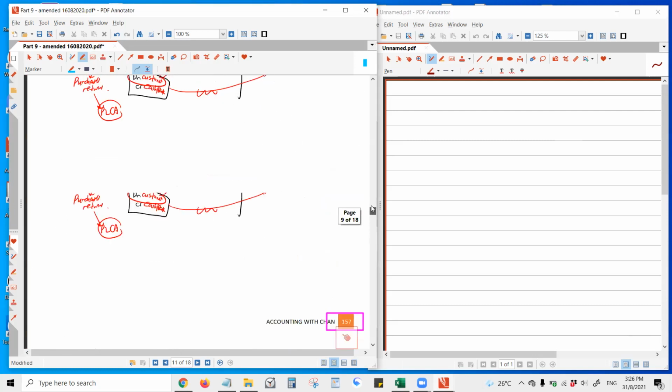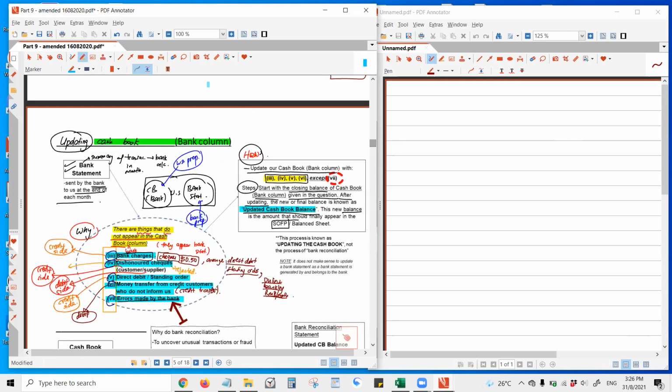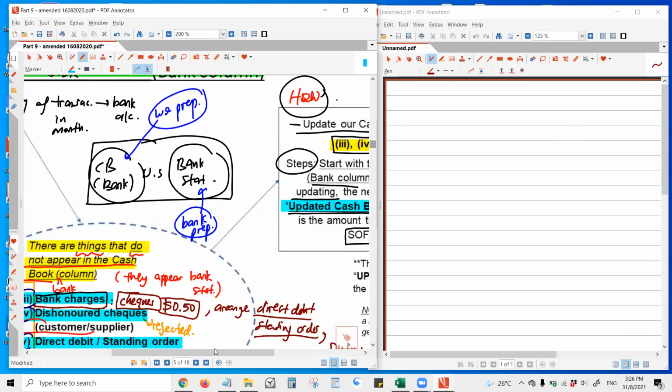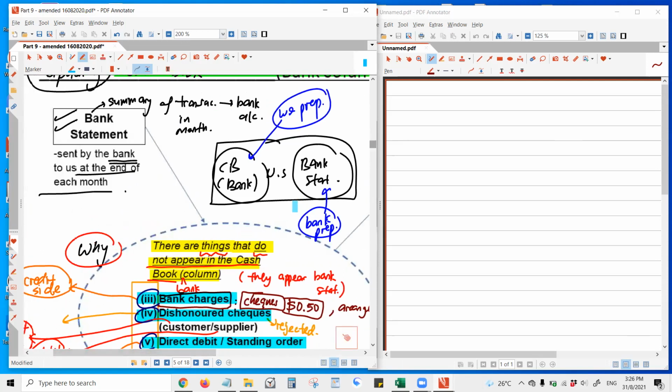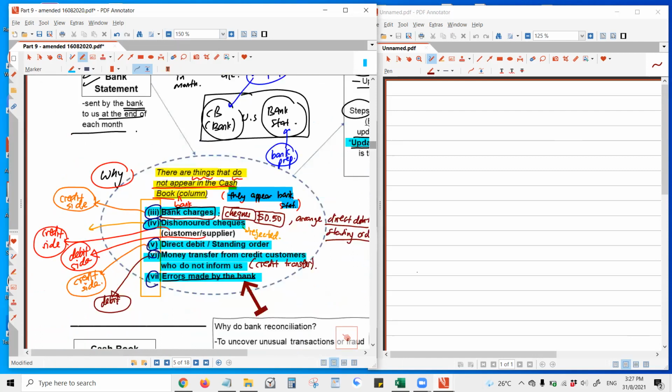So just now I talked about what you use to update here. We are going to look for items that appear in the bank statement but do not appear in the cash book bank account. Okay, you are right. So the ones in yellow, the ones that appear in the bank statement but do not appear in the cash book bank account right now, we have to include them into the cash book bank account.